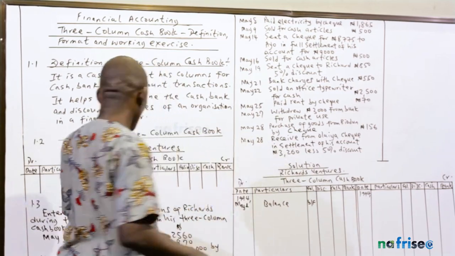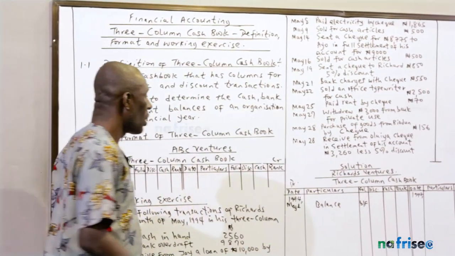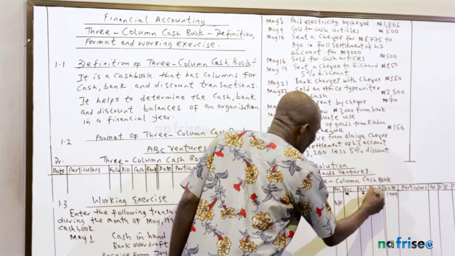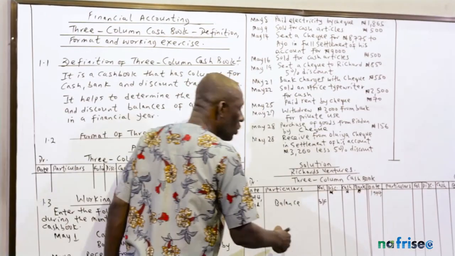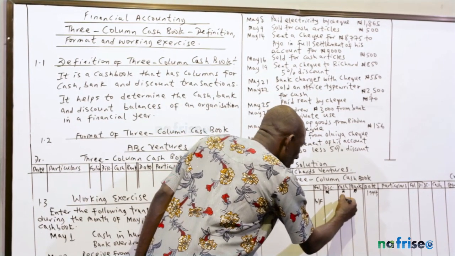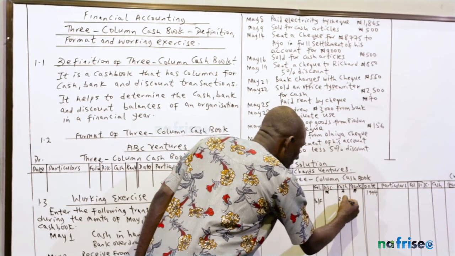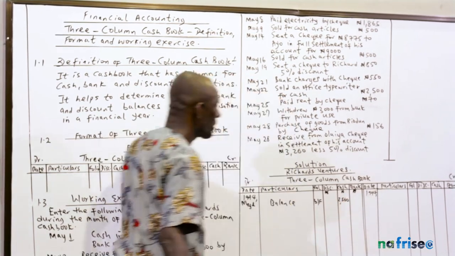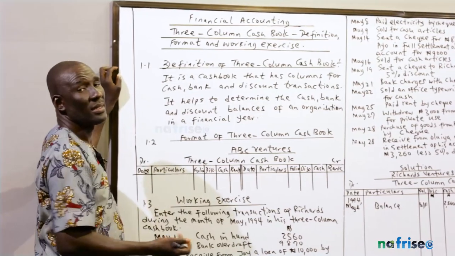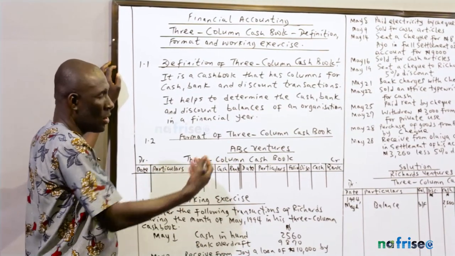And since it is cash 2,560, we go to the cash column and write the amount 2,560. Have you seen it? We have posted it on the debit side.